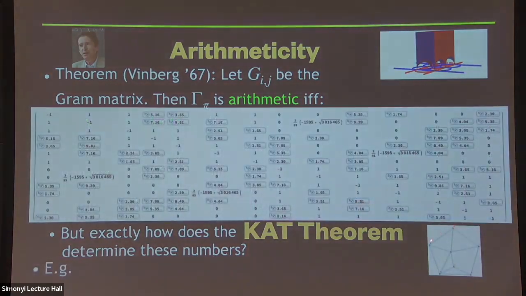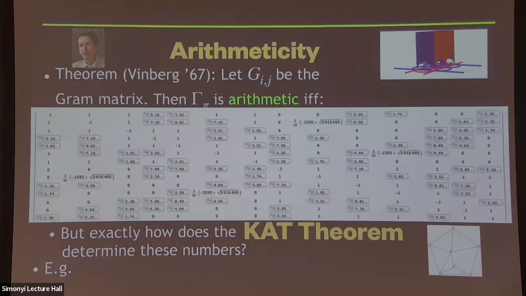We were talking about the pentagonal pyramid, and now I'm going to take the pentagonal pyramid and just add one more vertex. This is the new Gram matrix. There are negative ones and zeros from the combinatorics, and then you have things like an 8.4, which is a root of a degree 8 polynomial. So you get really, really strange numbers arising all over the place in general polyhedra.